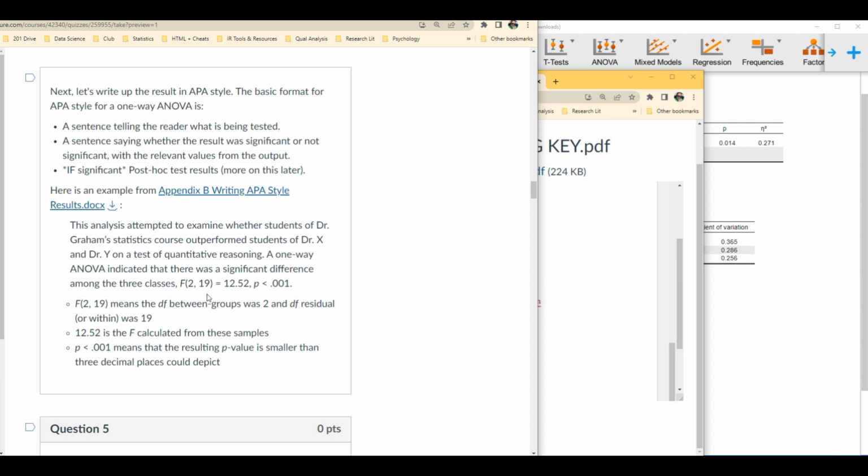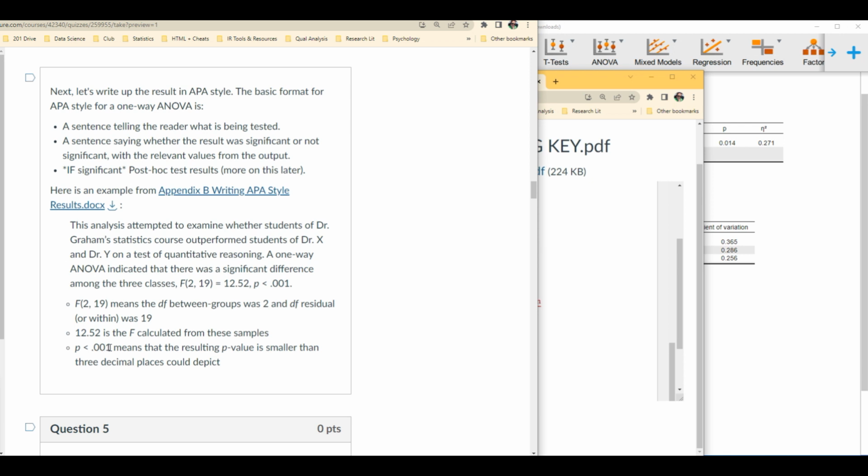And when it's high, much higher than 1, that's when we start to see, well, depending on what these are, that's when we see that it's significant, as it is in this case. Right? So P less than 0.001 means that this resulting p-value is smaller than 3 decimal places could indicate. So this is saying that the p-value that we get from this test is something below 0.001.